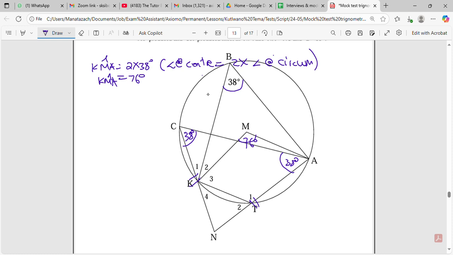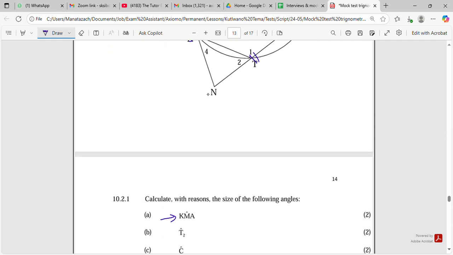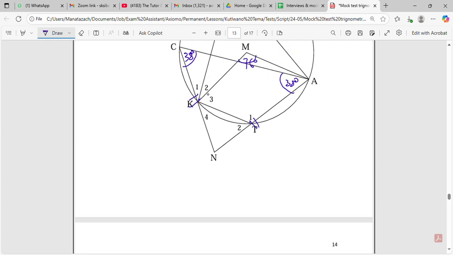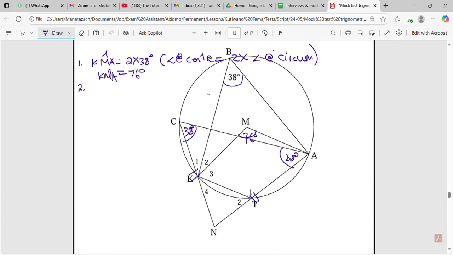Now let's go for question number 2. It says you must find angle T2. Let's have a look. Oh, here is angle T2. You can tell it's equal to angle B, or equal to angle C, if you realize that T2 is the exterior angle of a cyclic quadrilateral.